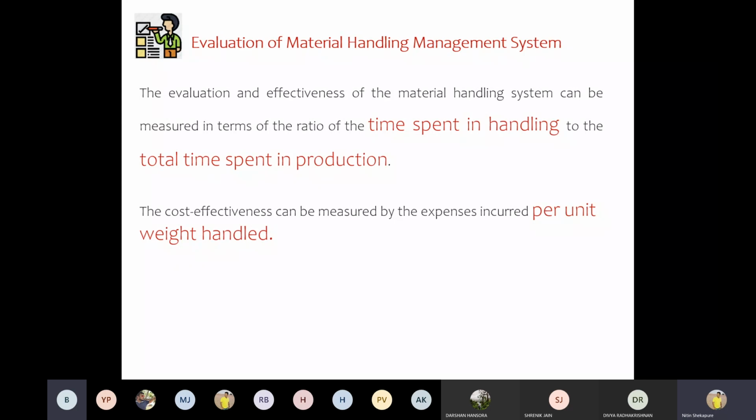If they are saying the customer will receive his pizza in, suppose, 25 minutes, how much time are you spending in preparing that pizza, and how much time in delivering that pizza? Customer is going to think about that.